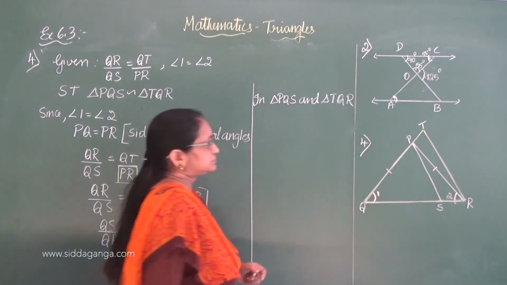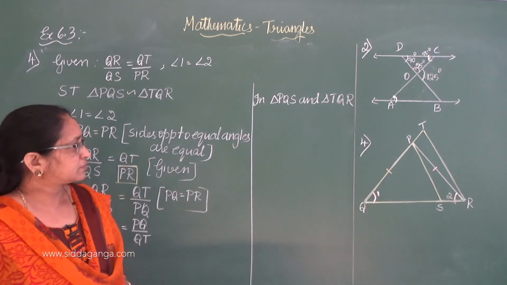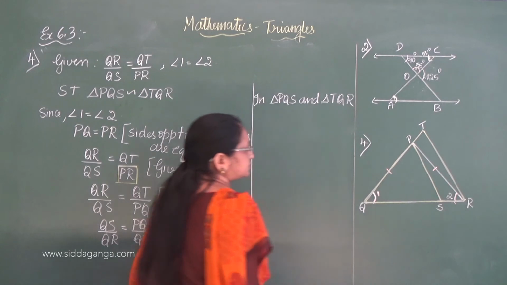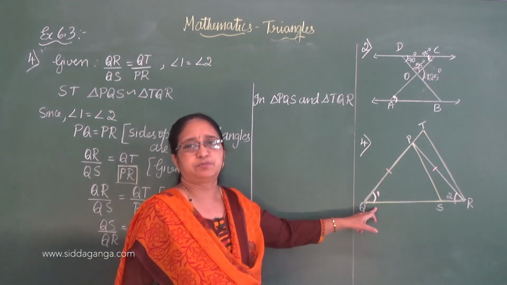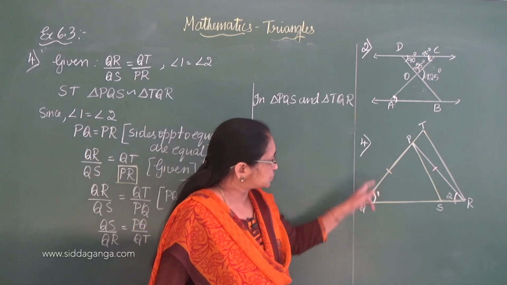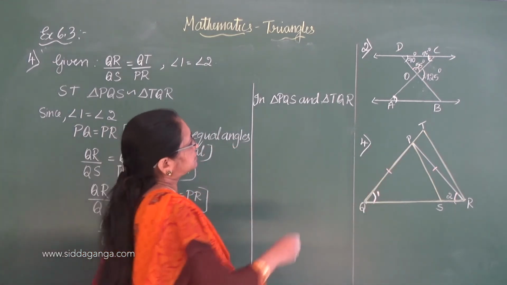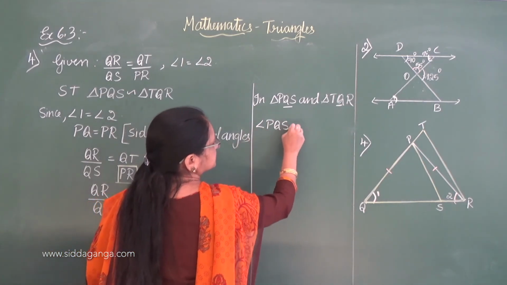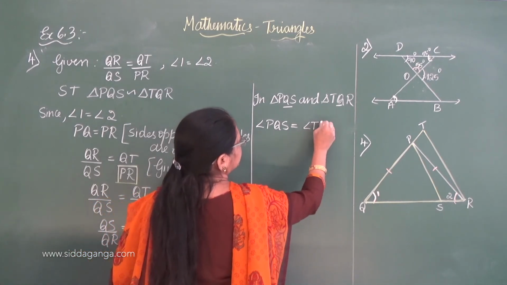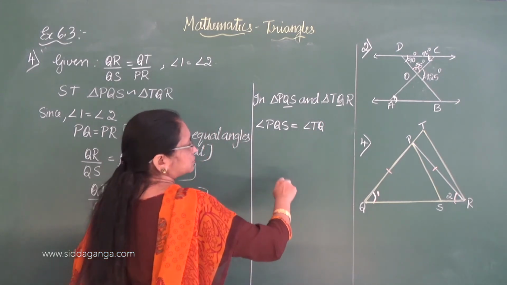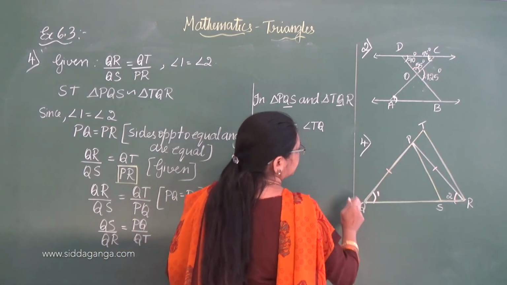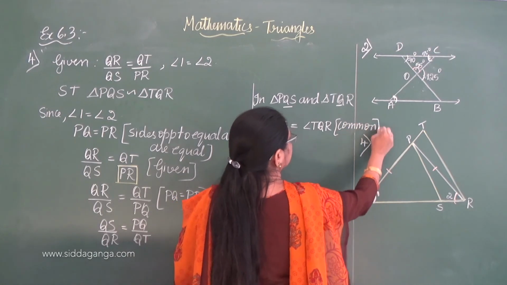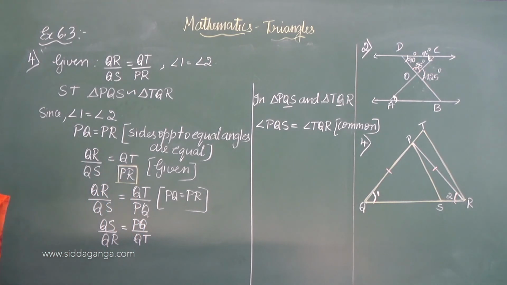Now, which is the angle equal here? Q is the common angle. I hope you observed this. Q is common for both the triangles. So can I write angle PQS is equal to angle TQR, common. Write the reason, common. Okay, one angle we got now, one angle is equal.